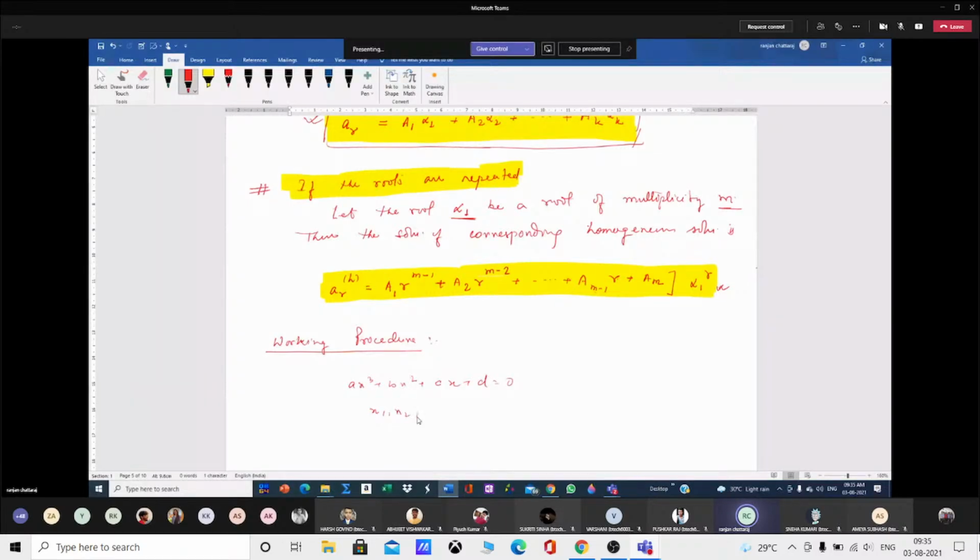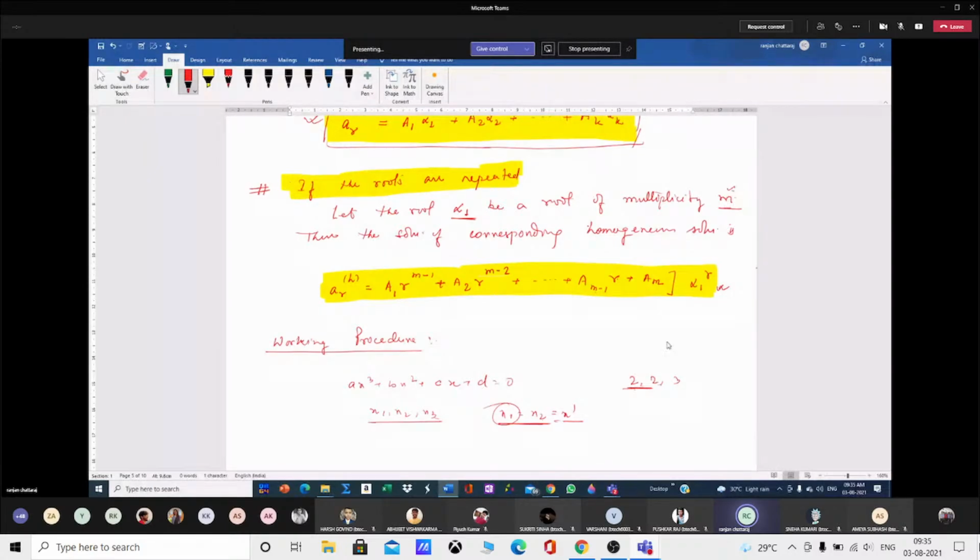So this solution x1 and x2 repeats, or x1 repeats how many times? Suppose the roots come as 2, 2, 3. So 2 repeats how many times? 2 times. So m is 2 over here. Alpha 1 is 2 and m is 2.